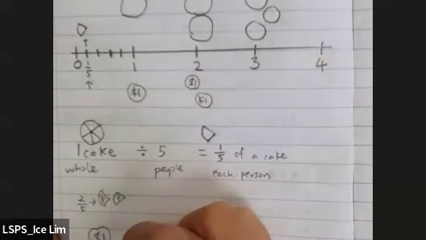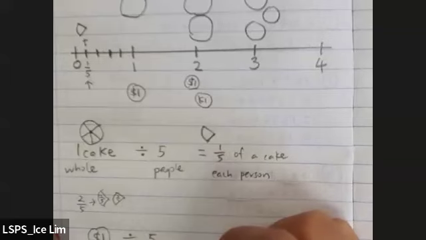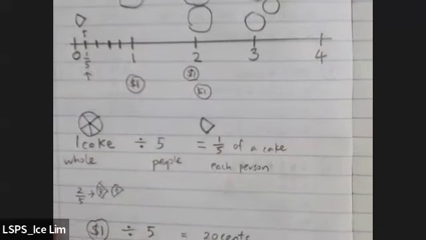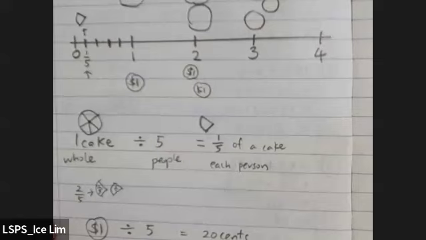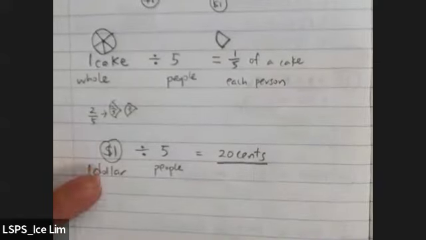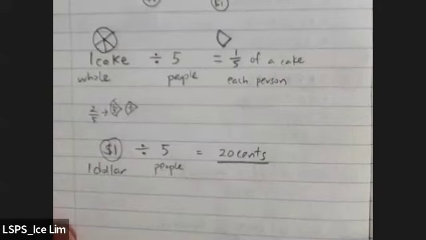So $1 divided by 5 people. I share out the $1. Each person should get 20 cents. Does it make sense? $1 divided by 5 people, each person gets 20 cents. Yes? Correct?